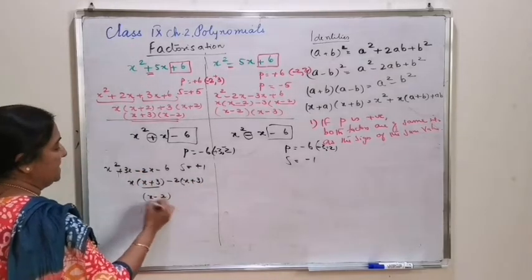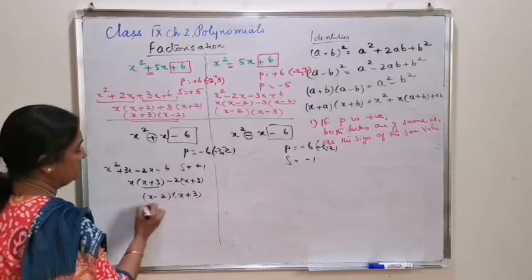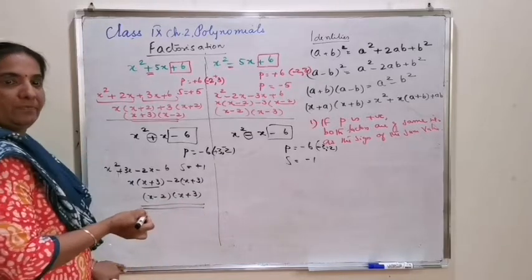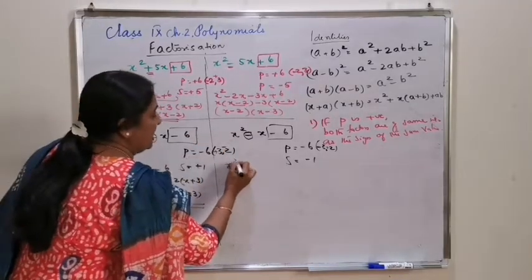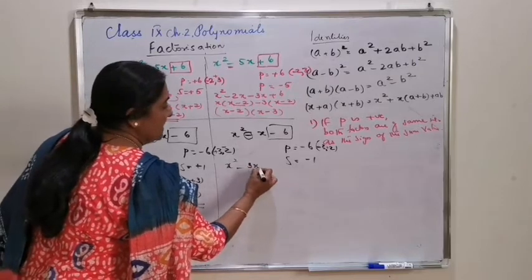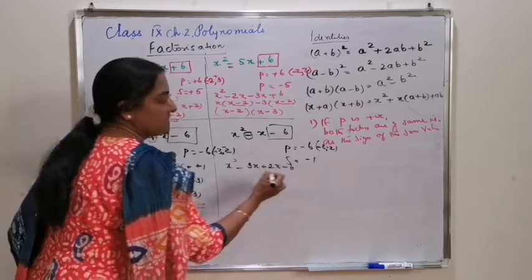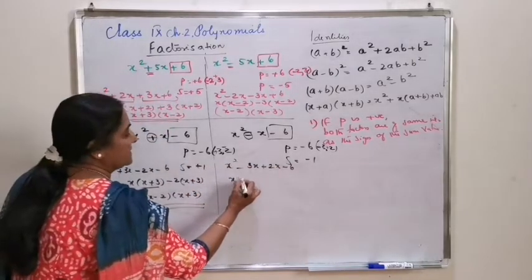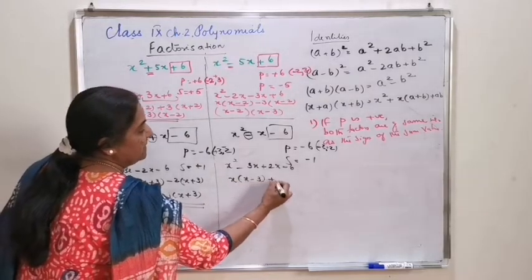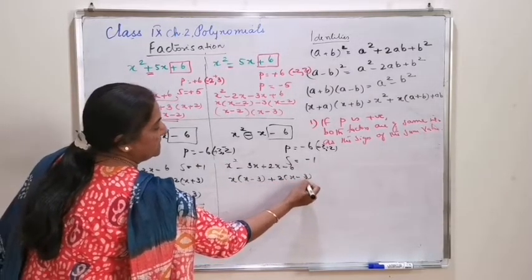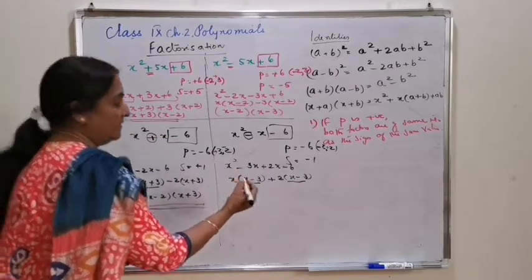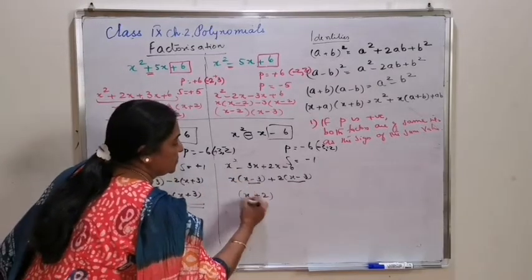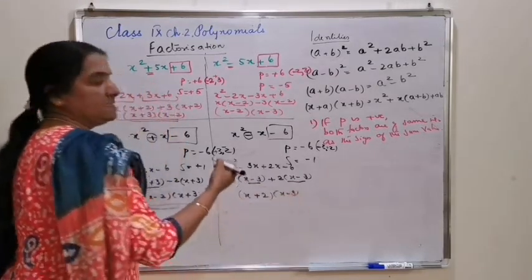Factorization is x minus 2 into x plus 3. Similarly, x square minus 3x plus 2x minus 6, x into x minus 3 plus 2 into x minus 3. The factorization is x plus 2 into x minus 3.